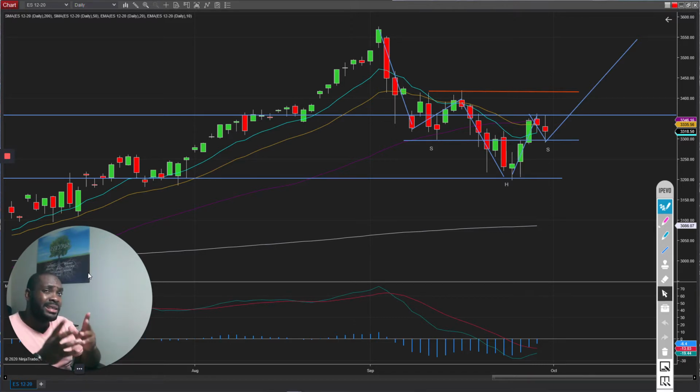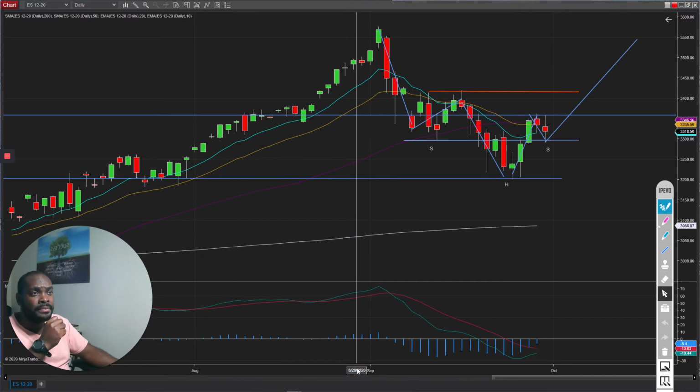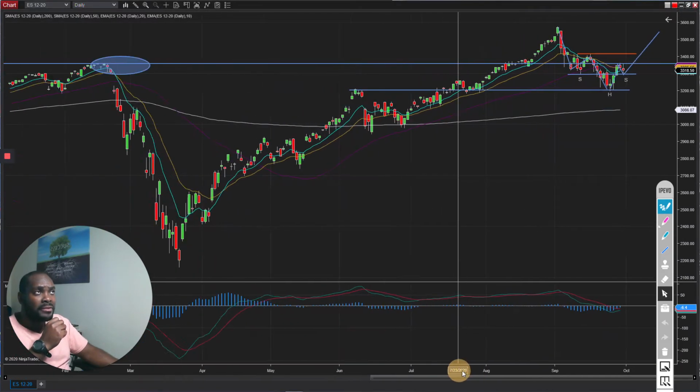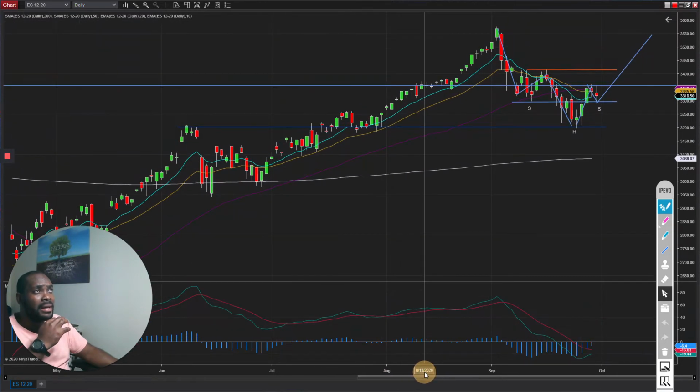All right, so let's look at the chart and see where we can project that this market is actually going to go. So I have the ES futures right here, and guys, what do we see right here going on?